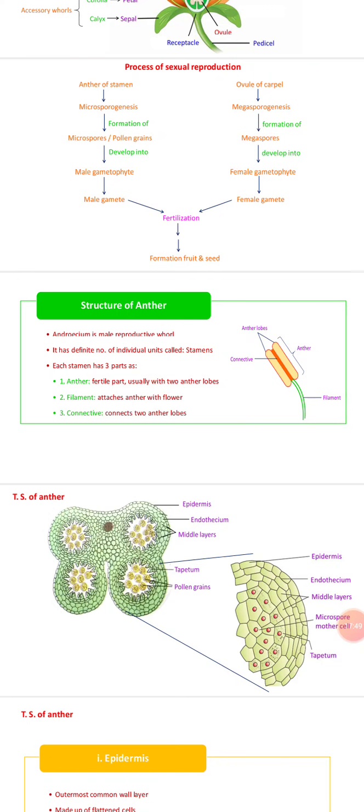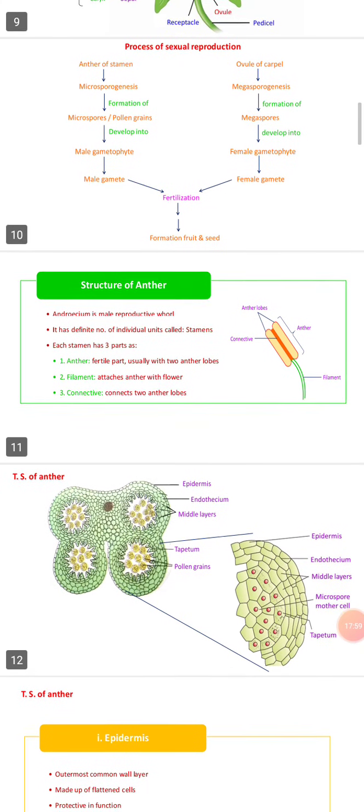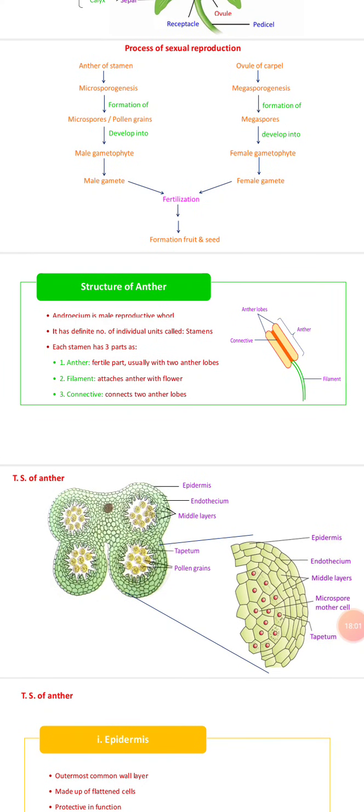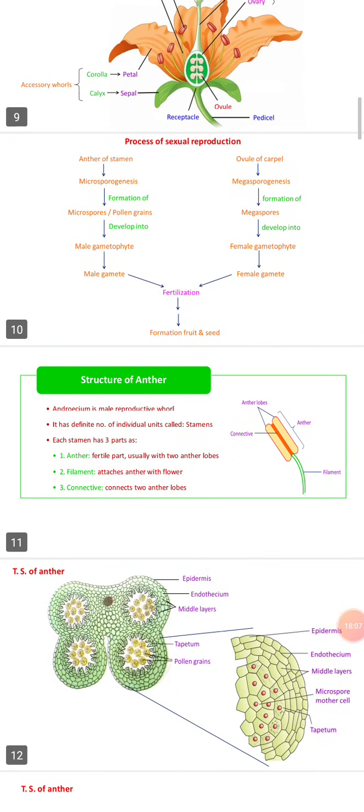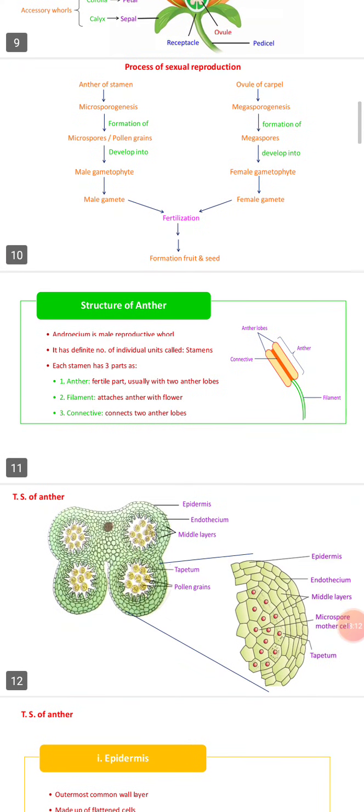Then the generative cell undergoes another cell division, so two generative cells are formed along with one tube cell. Likewise, a three-cell structure is formed. The two generative cells have their own individual nuclei, and those nuclei act as the male gametes. So two male gametes are produced by one pollen grain structure.